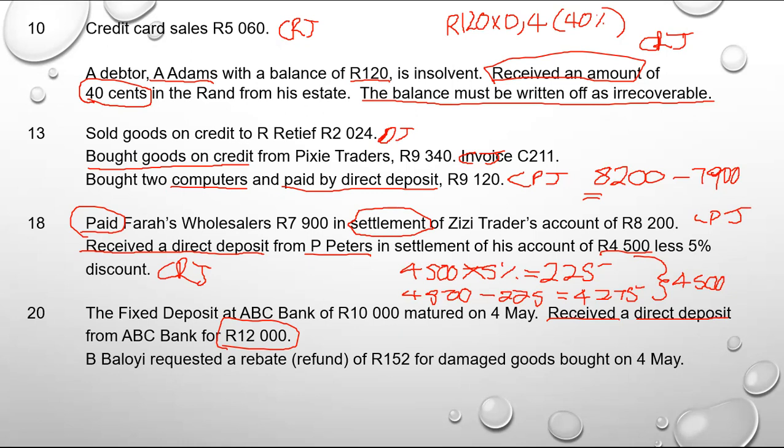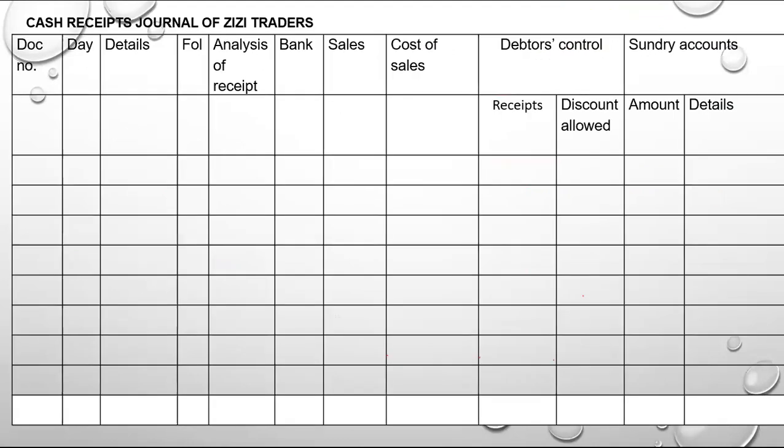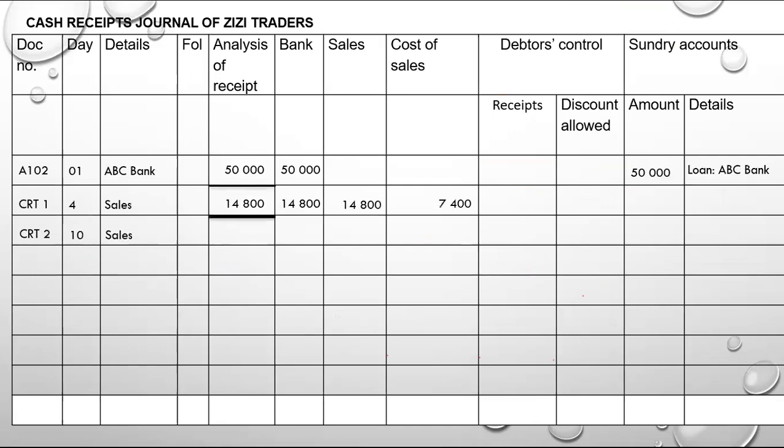We will have nothing under analysis. And under bank, we'll have 12,000. Because we don't have a column for fixed deposit here, that 10,000, which was the original fixed deposit, you will take to sundry and record it there as fixed deposit.